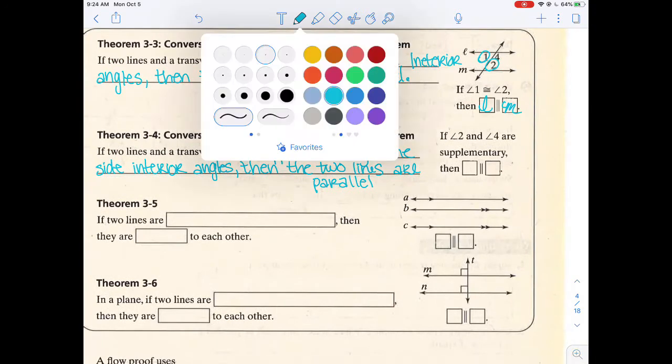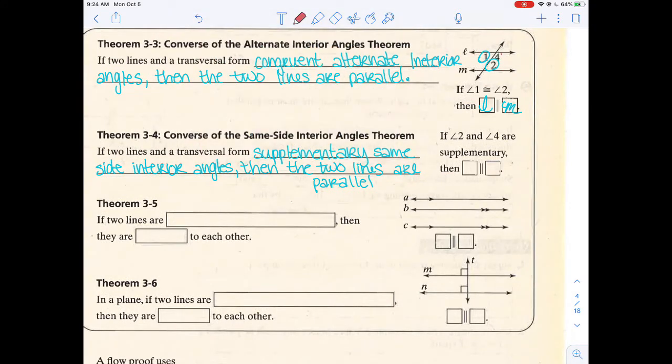So if we go back up to our picture here, 2 and 4 are supplementary, so lines L and M are parallel.